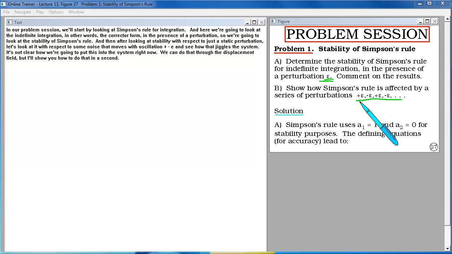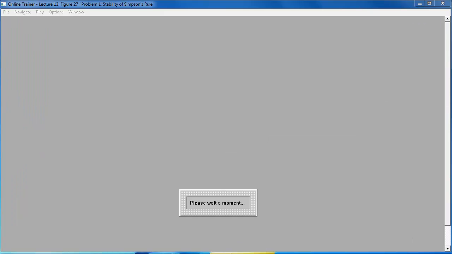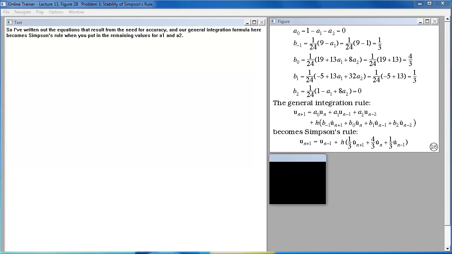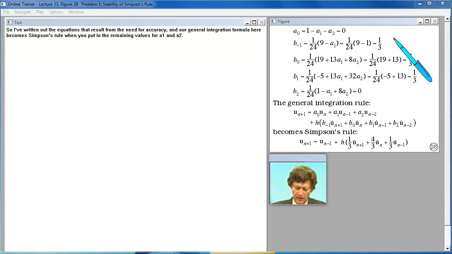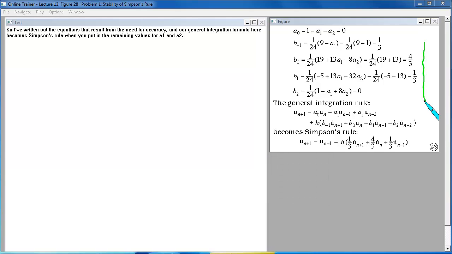It's not clear how we're going to put this into the system right now. We can do that through the displacement field, but I'll show you how to do that in a second. So I've written out the equations that result from the need for accuracy, and our general integration formula here becomes Simpson's rule when you put in the remaining values for A1 and A2.